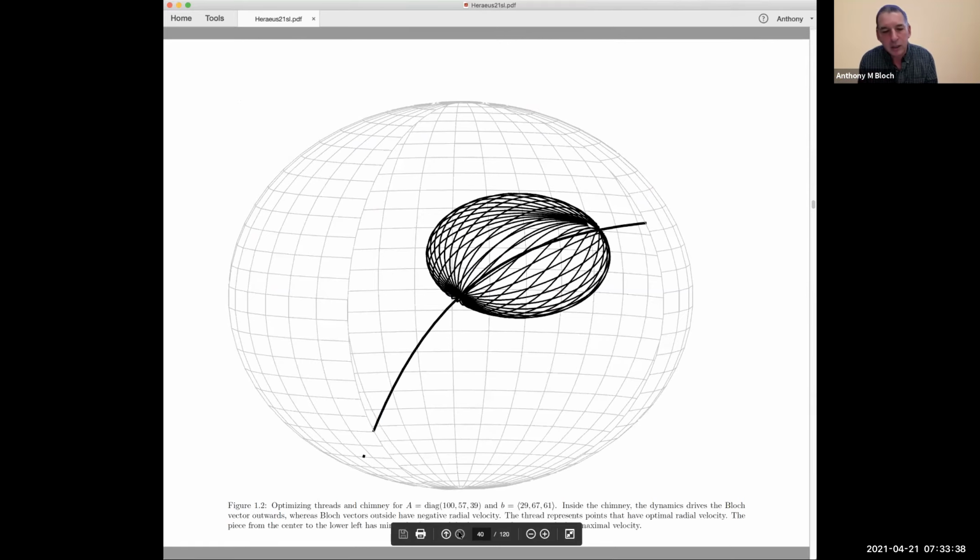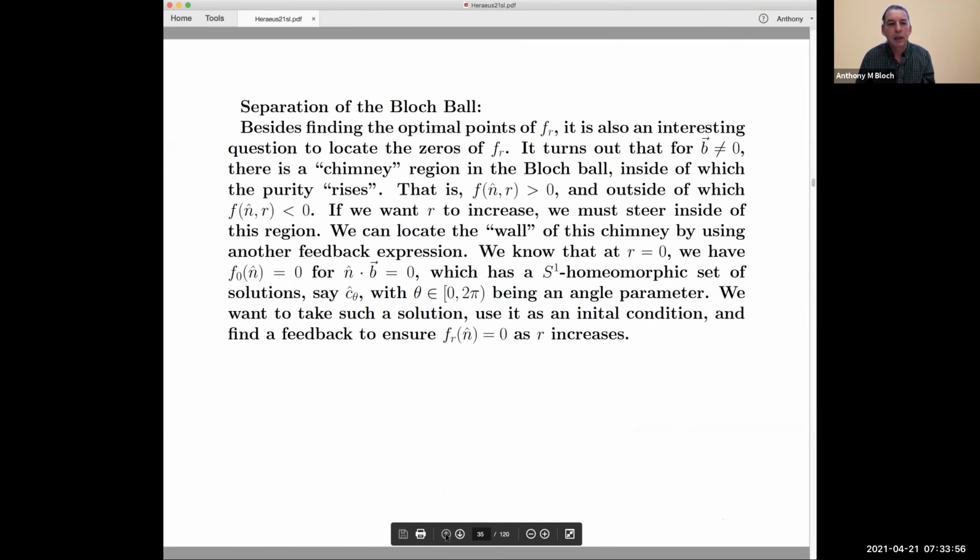But you can also think about where the system is still going to change the purity in a positive or negative direction. That's represented by this little sphere here, which I've drawn inside the Bloch ball. So let me just come back to that.